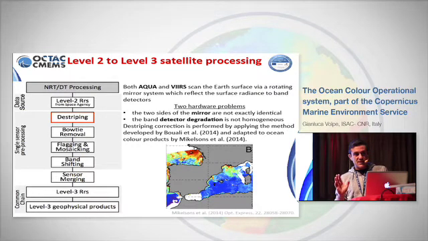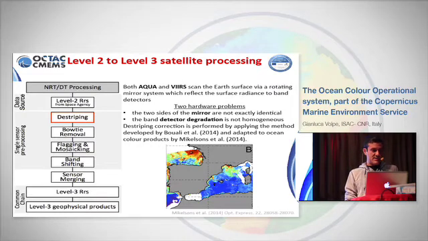The processing chain that I will talk about now is basically about MODIS Aqua and VIIRS, as OLCI is still not included in the processing chain, simply because it's not mature enough to be considered operational, although it is on its way.